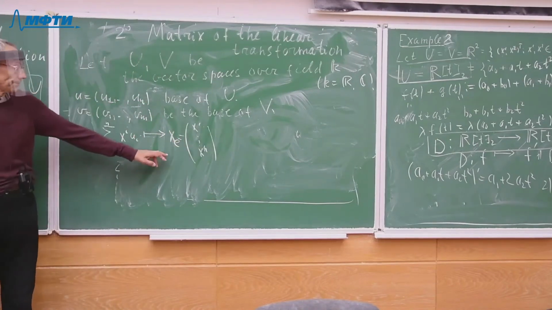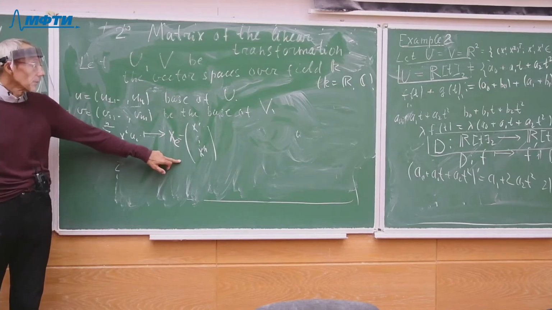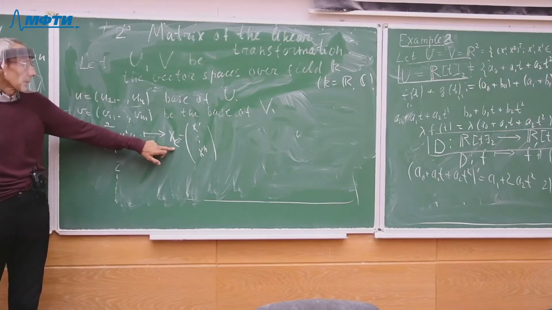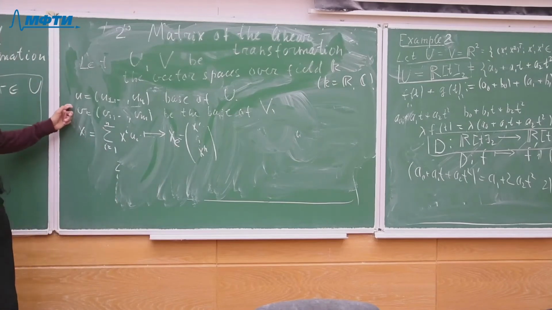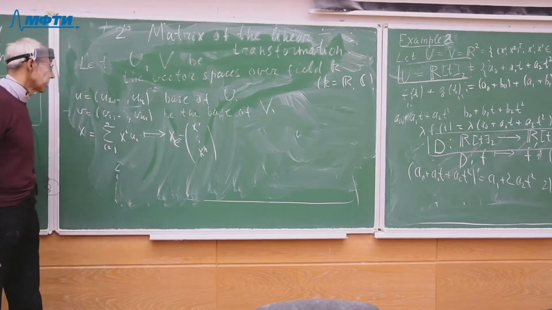And we denote this coordinate column vector by capital X with subindex E, which denotes the basis. And we obtain the so-called coordinate mapping.